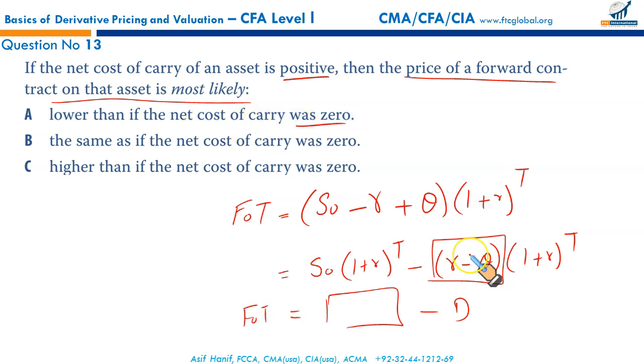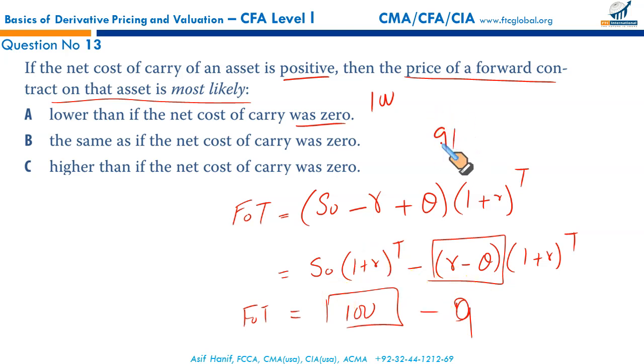Now we have two situations. When the net cost of carry was 0, you have, let's say, this 100. But when the net cost is positive, which means this element overall is to be deducted, and let's say that net cost which is positive is 9, for example. So in that case, the forward contract will have a value of 91.